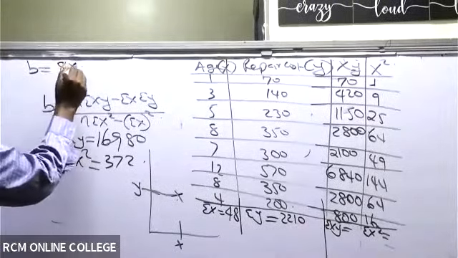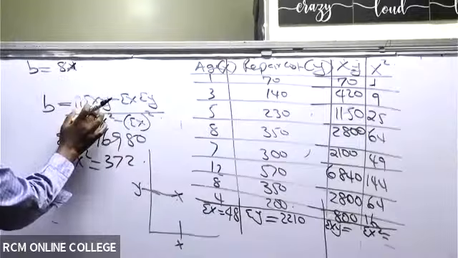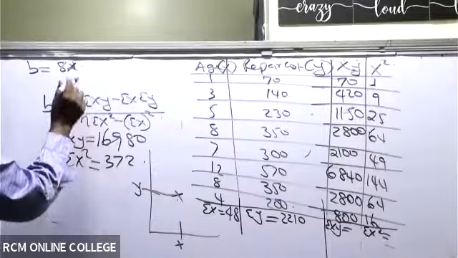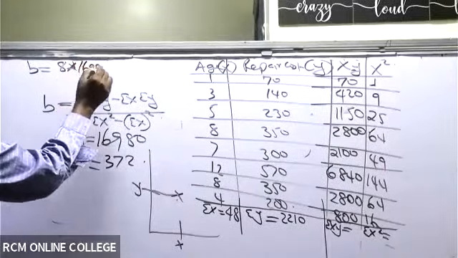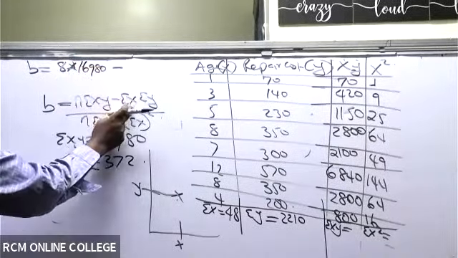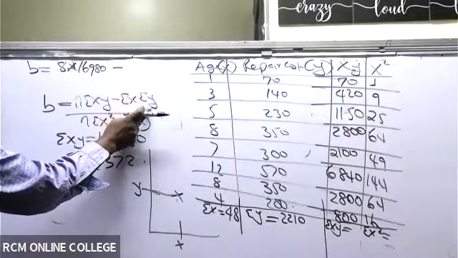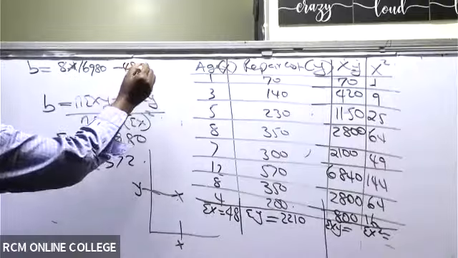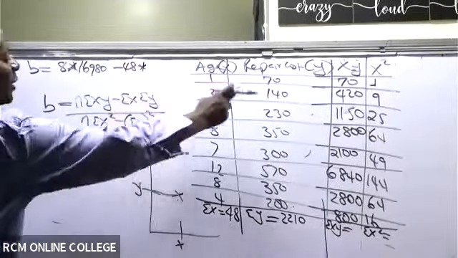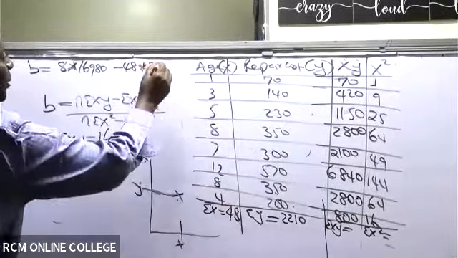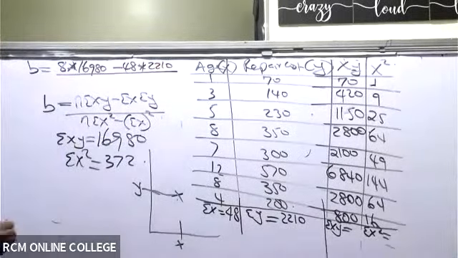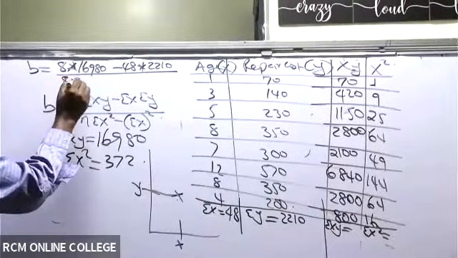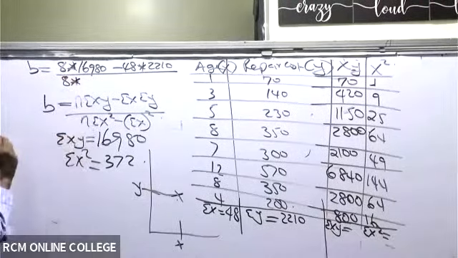I'm plugging in here. So 8 times sum of xy, we have it here. It is 16,980 minus sum of x, which is 48, times sum of y, which is 2210, all over n, which is 8, times summation of x squared.